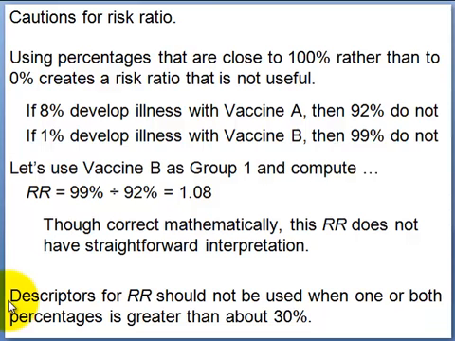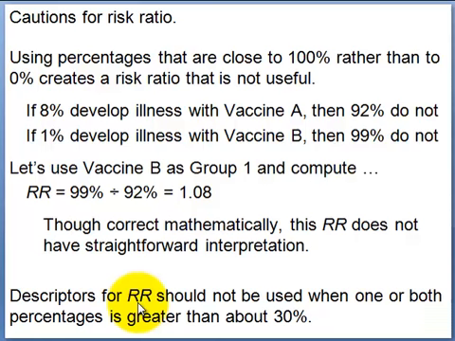Let me rephrase: it is okay to use risk ratio in a situation like that, but it's not the optimal measure. We're going to go on to the next chapter and see a better measure. The more central point is that the qualitative descriptors should not be used when one or both percentages being compared is greater than about 30%.